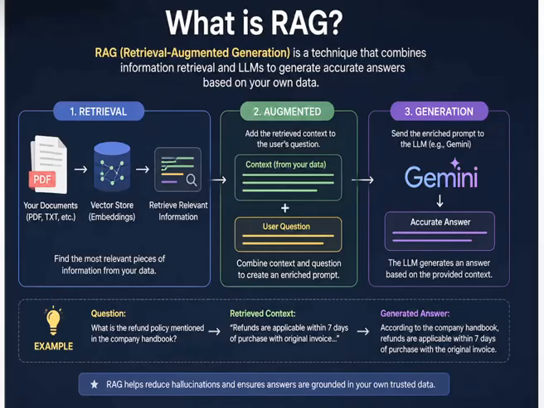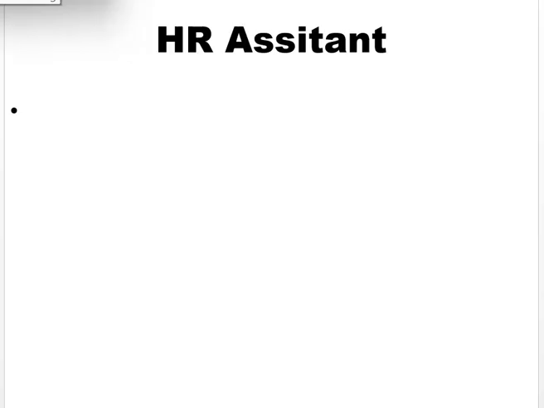Okay, let's take some real-time examples. RAG is widely used in production systems. For example, customer support. We upload product manuals, customers ask questions, and the AI answers instantly. HR assistant, where employees ask about leave policy, holidays, insurance, salary process, and the AI retrieves answers from our HR documents.